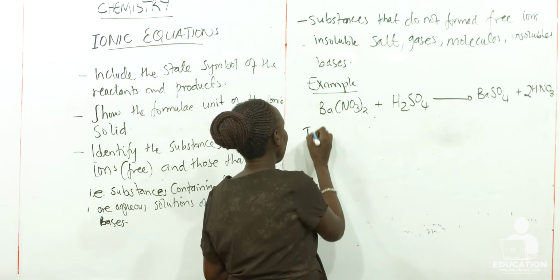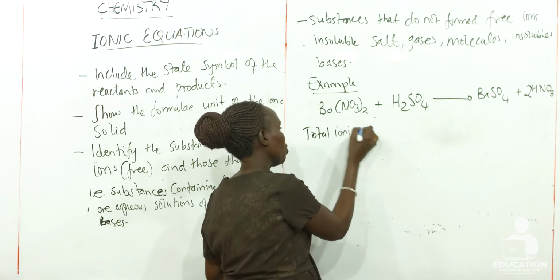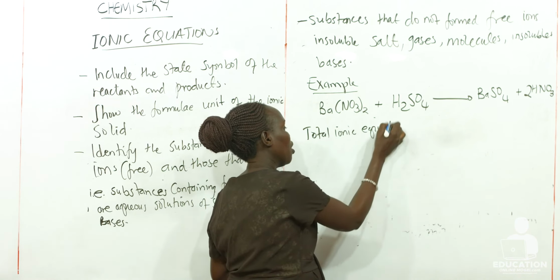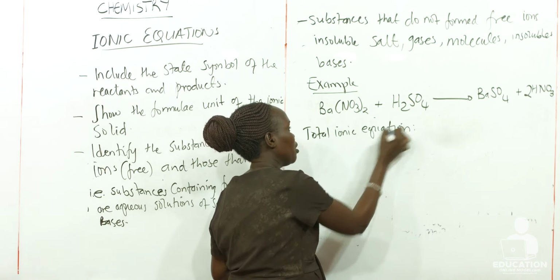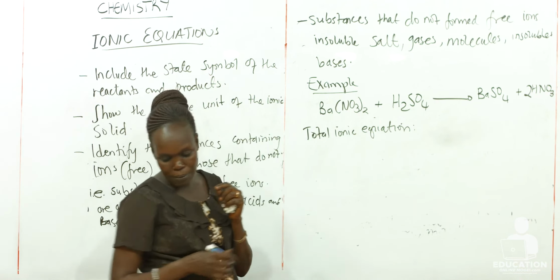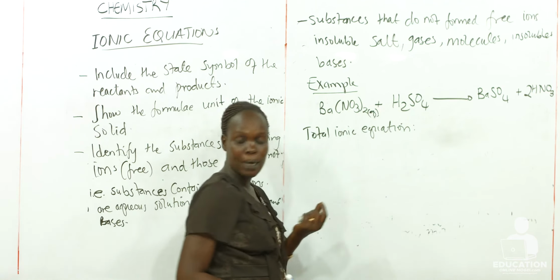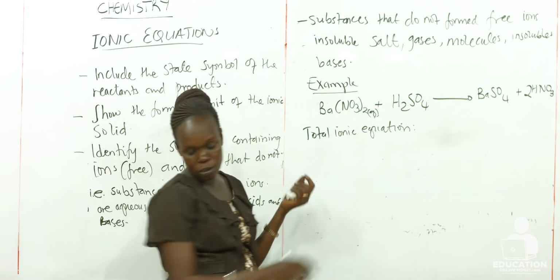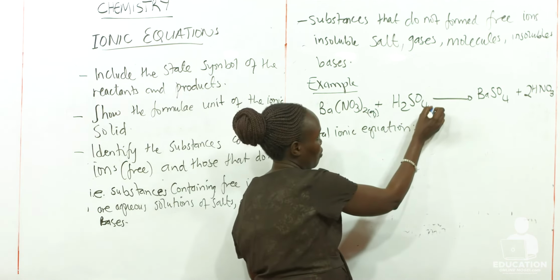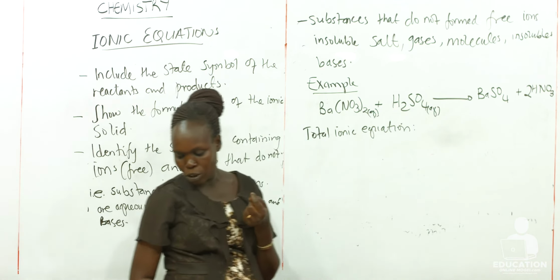So the total ionic equation will be: we need to dissociate the substances which are aqueous. Barium nitrate will form ions. Sulfuric acid is also aqueous, and it will form ions.